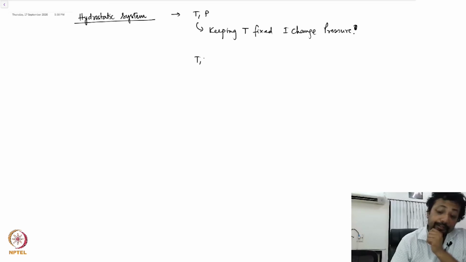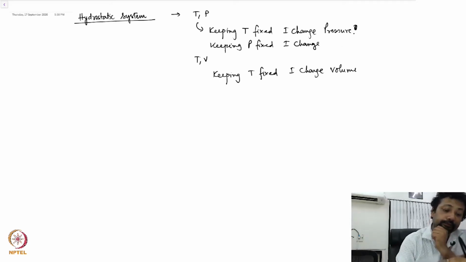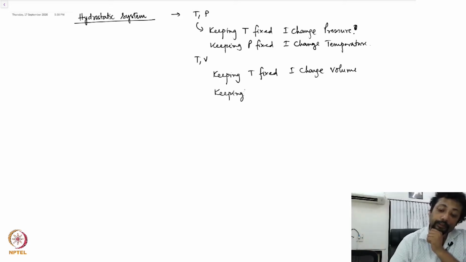It can be T and V, once again keeping T fixed, I change volume, and here also keeping P fixed, I change volume, I change temperature, keeping V fixed, I change temperature.